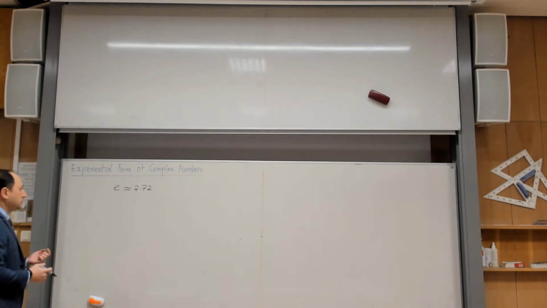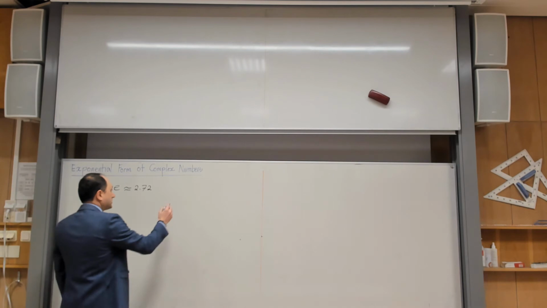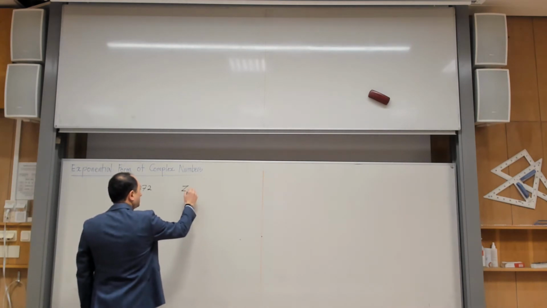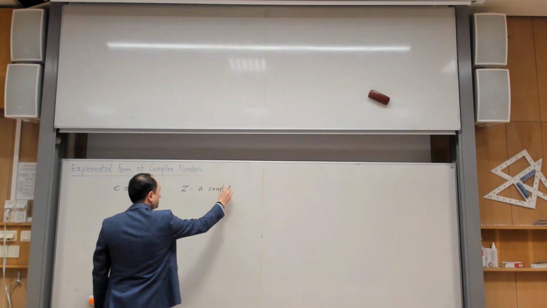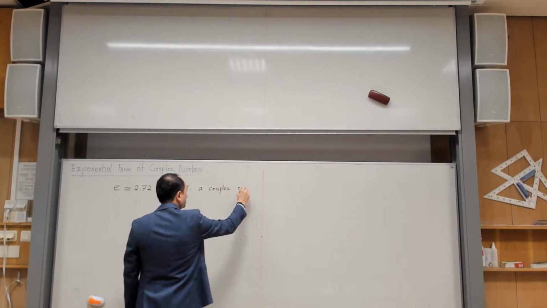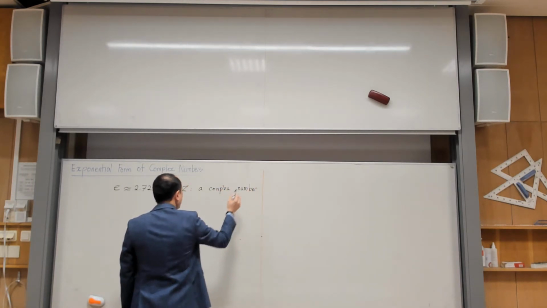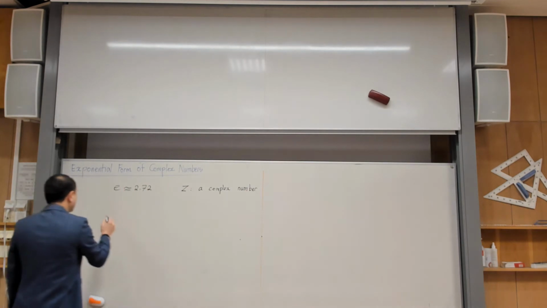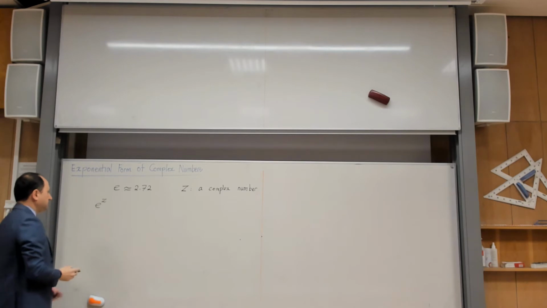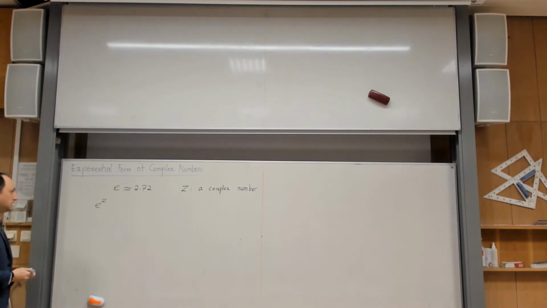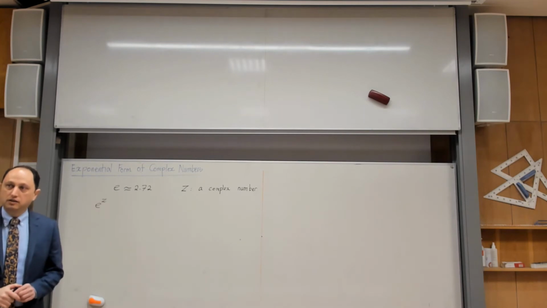Okay, so today we want to talk about what happens if I have a complex number z. We want to have an idea what it means when we say e to power z. Yes, because so far we haven't talked about exponentiating complex numbers.